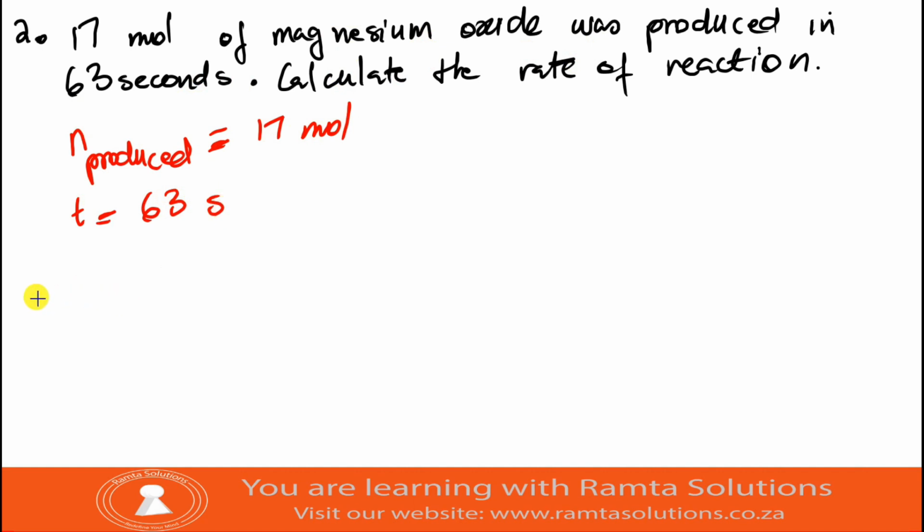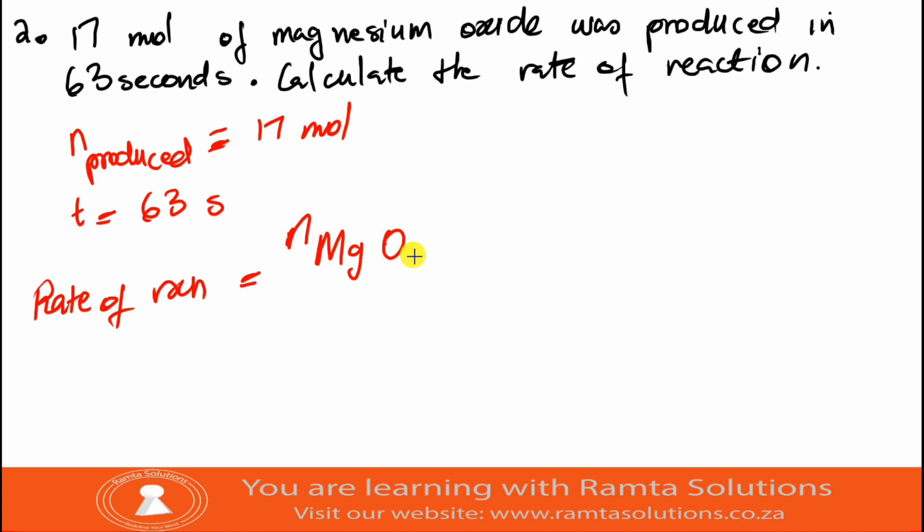So the rate of reaction is still the same: the number of moles of magnesium oxide produced, basically. So I don't even have to write that formula, but let me write it: number of moles of magnesium oxide.